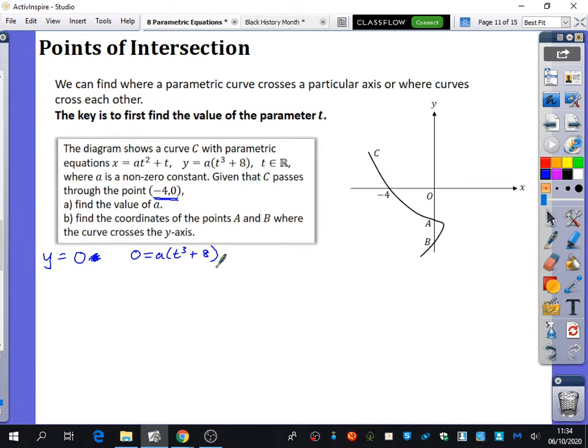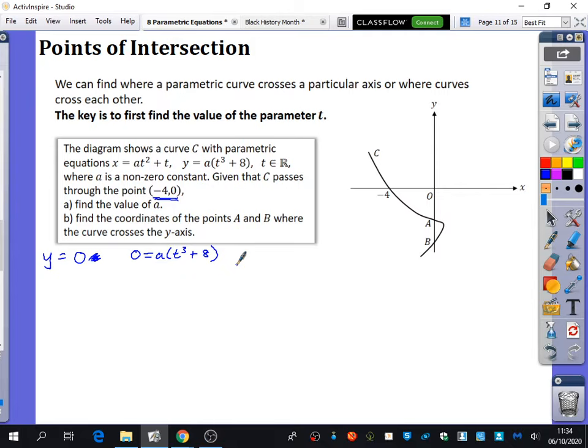I don't want to know what t is as my final answer. I want to know what a is. But like I said at the top here, the key is to first find the value of t, because that's our little bridge that will take us between x and y. So when I solve this equation, what is t going to be equal to?